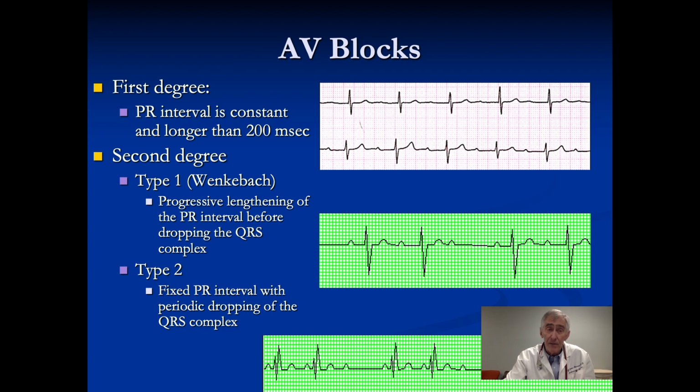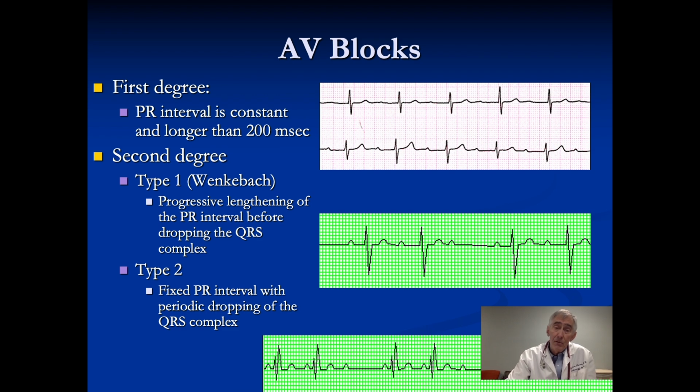Now, second degree AV block has a certain amount of irregularity to it, and we have type 1 second degree AV block, which we used to refer to as Wenckebach block, but sometimes we call it Mobitz 1. But the true terminology now should be type 1. The PR gets longer, so here it's getting a little longer, and then there's a non-conducted P wave, followed by again the regular sinus rate, and then the PR is shorter.